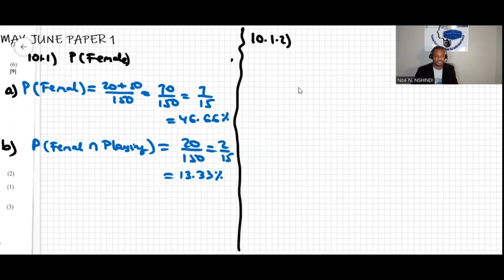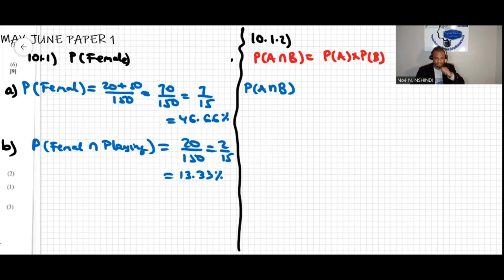Well, first of all, independence means the probability of A and B is equal to the probability of A times the probability of B. So now we need to work out the probability of A and B and then see if it is equal to this product.